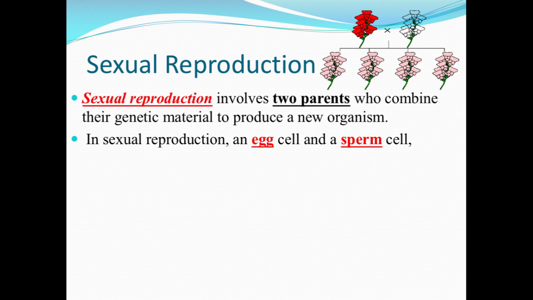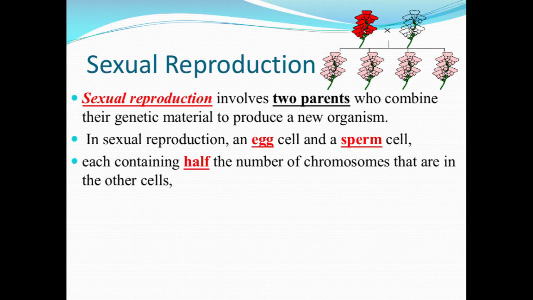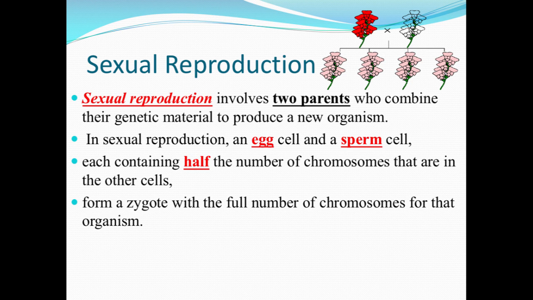It involves the egg cell from the female and the sperm cell from the male. Each contains half the number of chromosomes of the donor, the mother or the father. When the egg and the sperm come together, that forms a zygote, which now has a full copy of all 46 chromosomes, or 23 pairs.